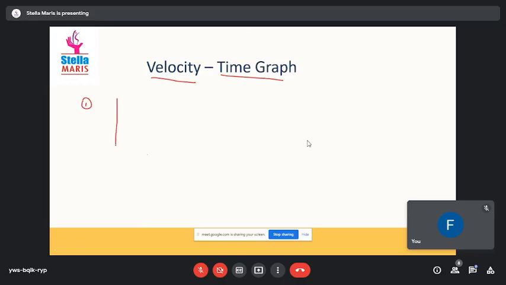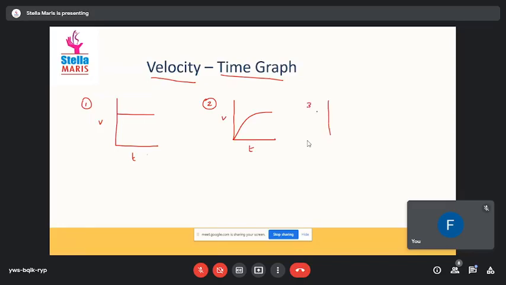Okay. So, velocity time graph. The first graph is like this, and the second graph, the slope is like this. This is V and this is T, velocity and time.